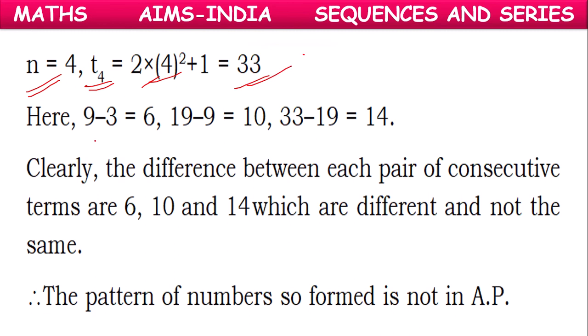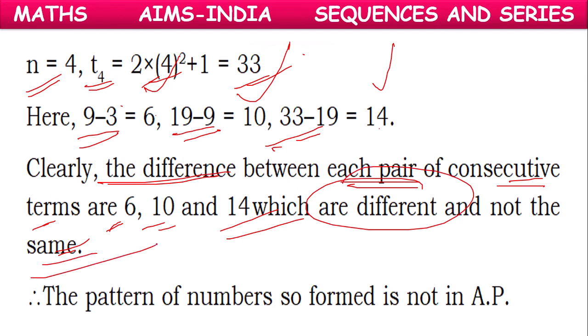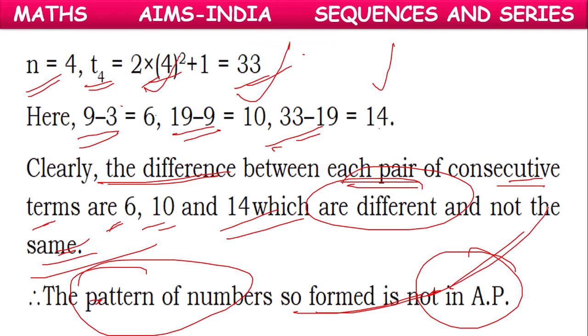If we take the differences t2 minus t1, t3 minus t2, t4 minus t3, the differences are 6, 10, 14, which are different and not the same. So the pattern of numbers so formed is not in AP.